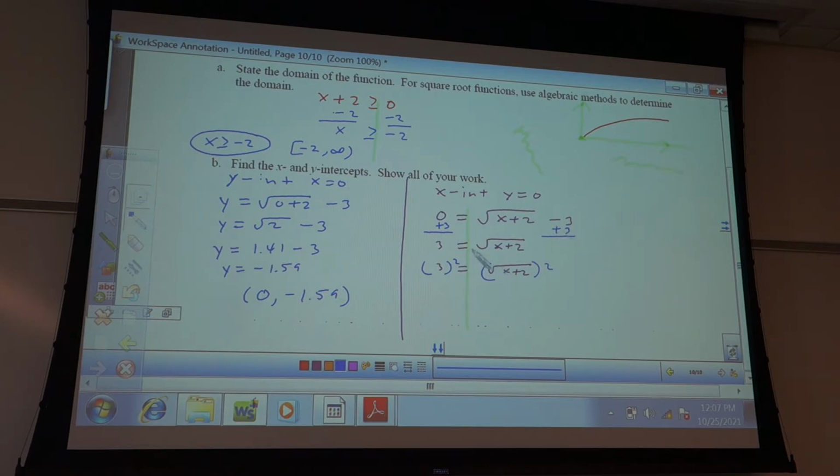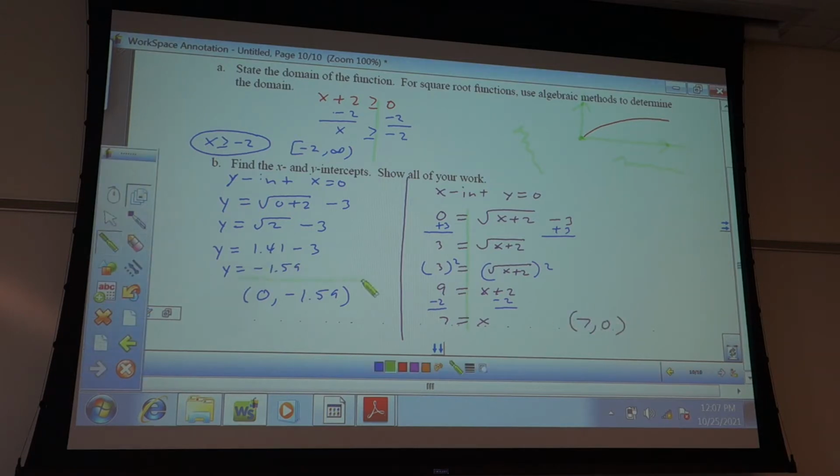Add 3 to both sides, and then square both sides so you get your square root by itself. 3 squared is 9. And then what's the last step? Subtract 2 from both sides, and you get x is 7. So this is going to be 7 comma 0. Those are my 2 intercepts.